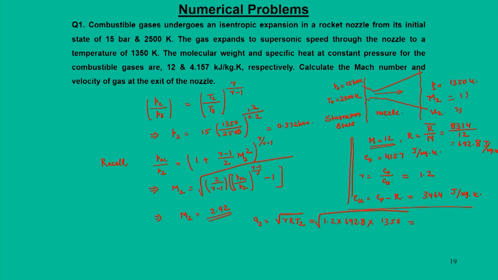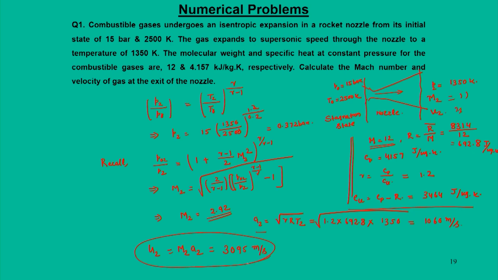So, this number is 1060 meter per second. So, once you have A2, then V2 or U2 is equal to M2 A2, that is equal to 3095 meter per second.